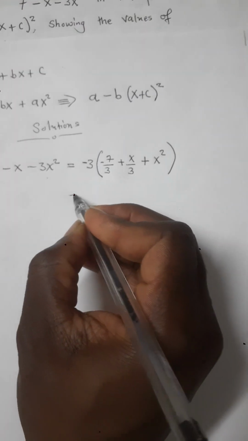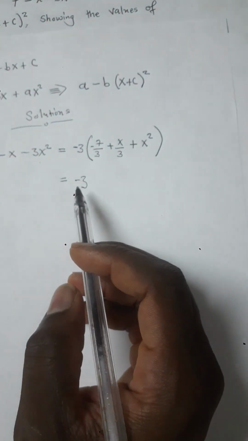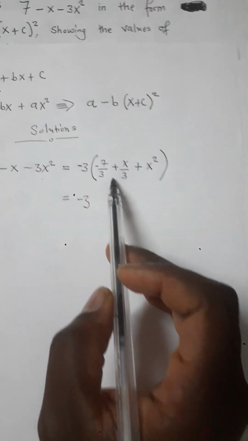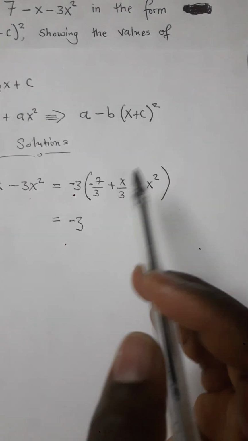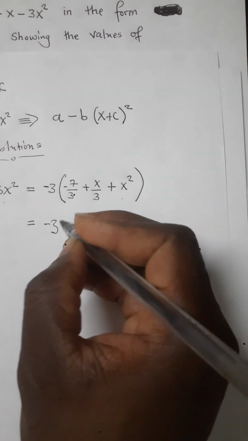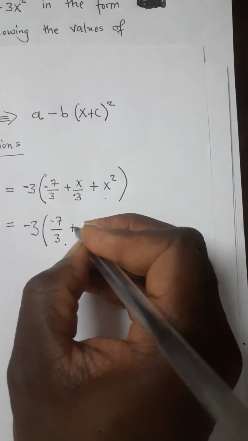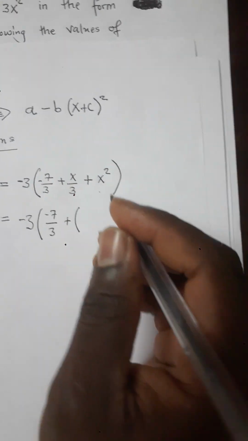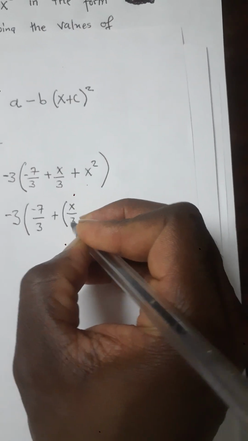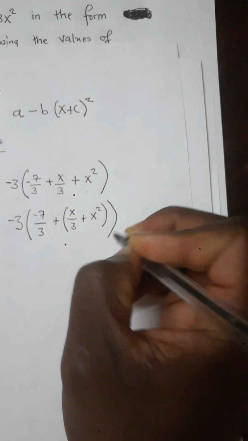So I'll just bring down this minus 3. After that, I like separating this expression into two. I group those terms with x and put them in one place. So I'm saying it's negative 7 over 3, then plus open bracket x over 3 plus x squared in one bracket like that.